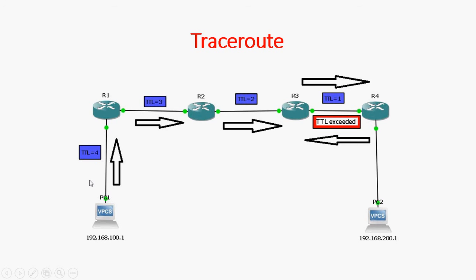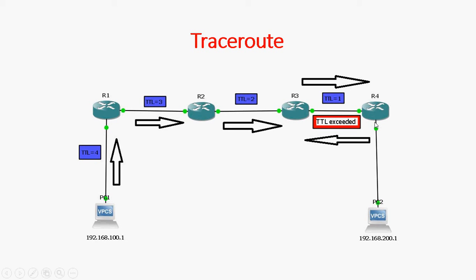So again the IP packet is received by router R1. So before forwarding to R2 it will reduce by 1, and then afterwards the R2 router receives the IP packet, and before forwarding to R3 it will reduce by 1. The TTL value is 2. Now the R3 router receives the IP packet. Before forwarding to R4 it will reduce by 1. So the TTL value is 1 and it is sent to the R4 router.